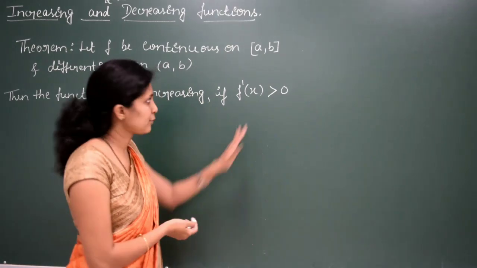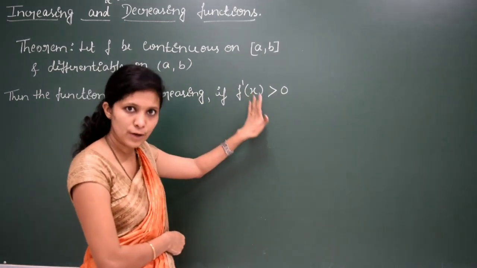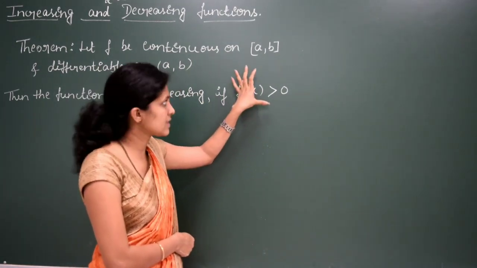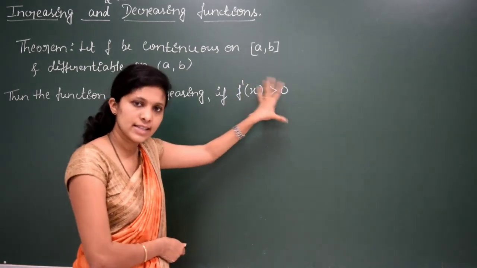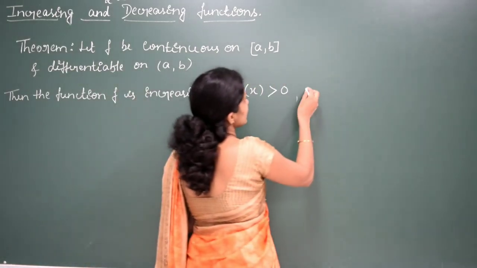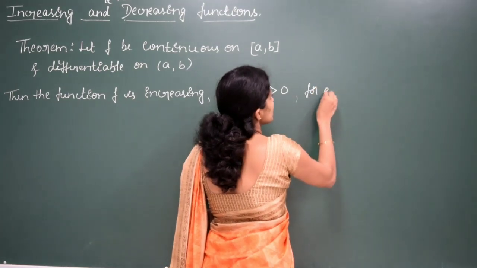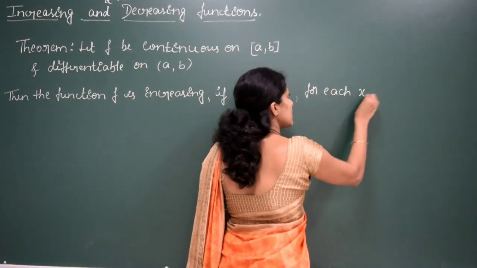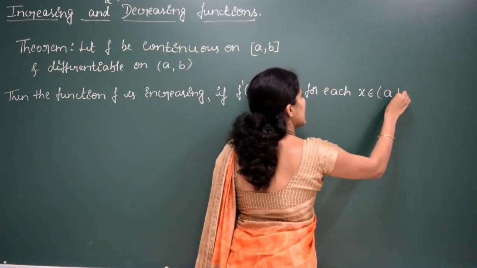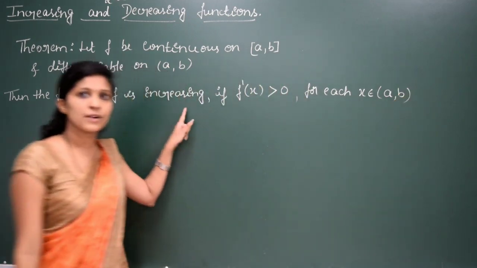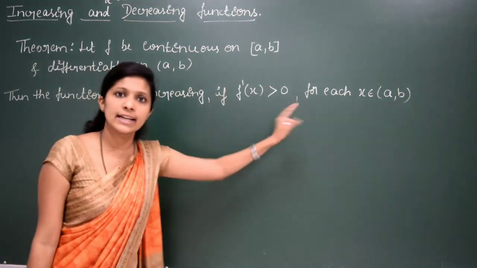Is it clear? F dash of x, you have to differentiate that function and check whether it is greater than 0, for each x belongs to open interval a comma b. Then we can say that it is an increasing function.